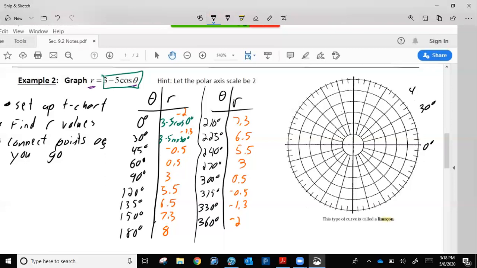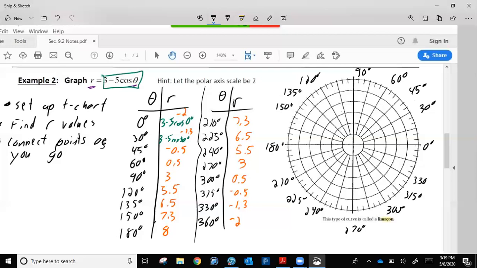There's your 30, 45, 60, skip 1, 90, skip 1, 120, 135, 150, skip 1, 180, skip 1, 210, 225, 240, skip 1 is 270, skip 1, 300, 315, 330, skip 1, and 0 is 360.